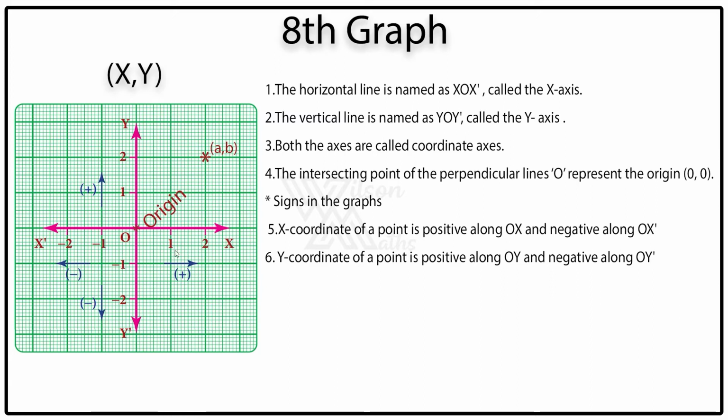We can write 1, 2. It is understood. And OX dash is the negative number. So minus 1, minus 2, like that we are marking. Simply, from 0, the right hand side is positive value, the left hand side is negative value.